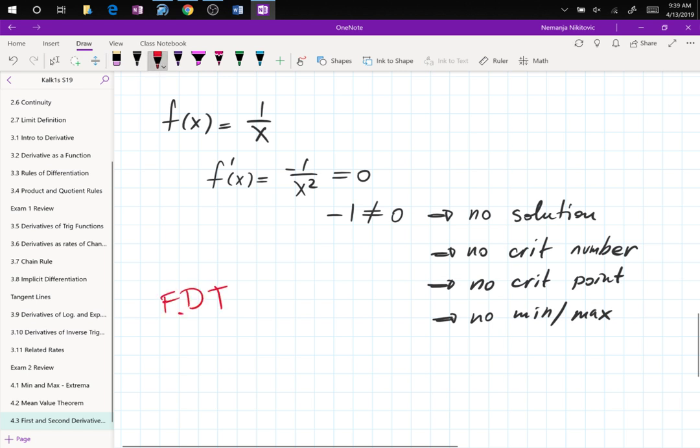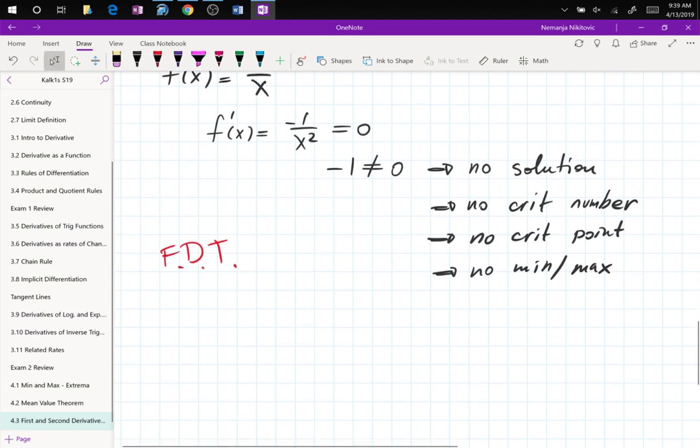First derivative test says you get to partition on critical numbers and vertical asymptotes. Do we have a vertical asymptote? Yeah, we do, right? Vertical asymptote at 0. So when I do my partition from negative infinity to positive infinity, I partition at 0, which is the vertical asymptote.